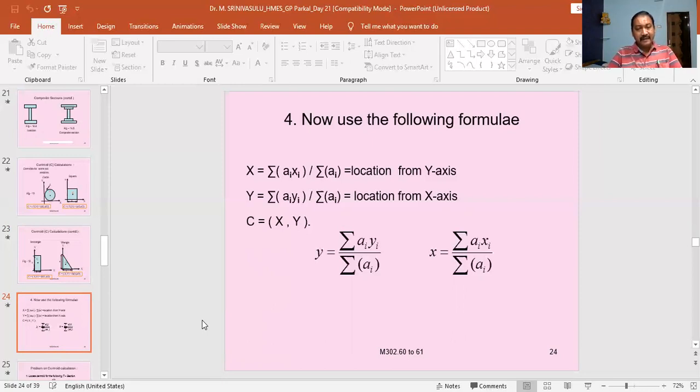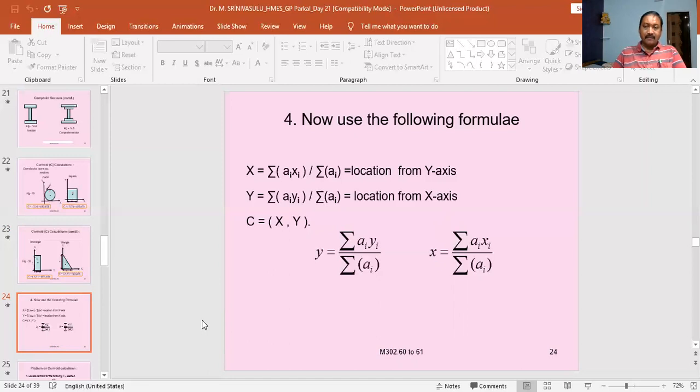For example, if a given figure has three standard areas, three standard figures, in that case the x coordinate is equal to a1 into x1 plus a2 into x2 plus a3 into x3 by a1 plus a2 plus a3, like that, and so on. And then now the y coordinate.